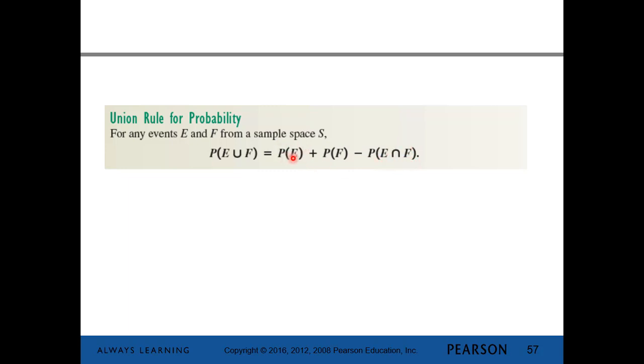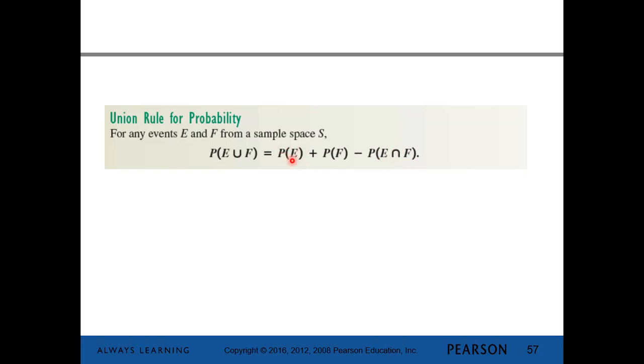This should be straightforward if you remember the definition of probability: the number of outcomes in E divided by the total number of outcomes in the sample space, plus the number of outcomes that give F over the total number of outcomes in the sample space, minus the number of outcomes that give both over the total number of outcomes in the sample space.